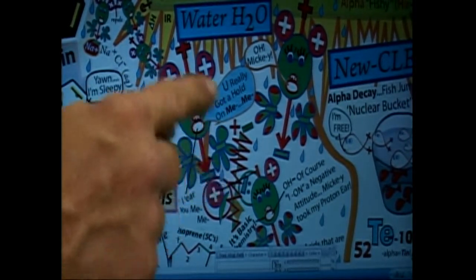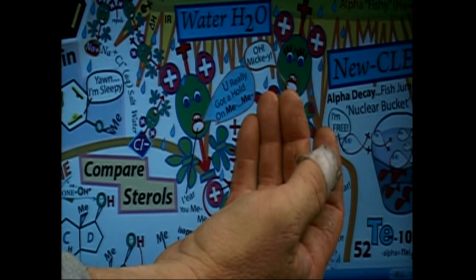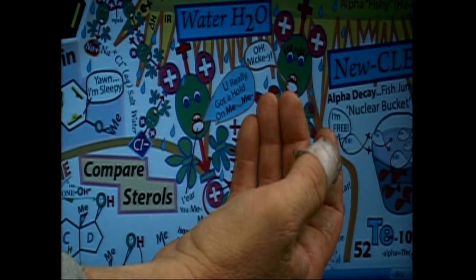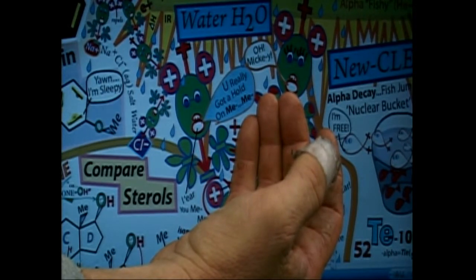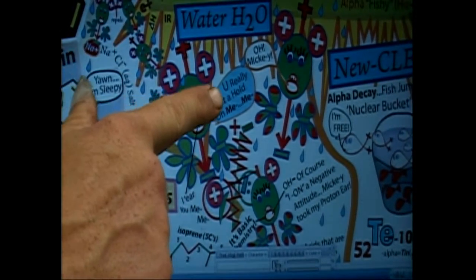So this is the equivalent, they call it H3O+, but it should be H2OP+. That's the equivalent of the ammonium, NH4+. I know it's complicated, it's the first time you've heard it.